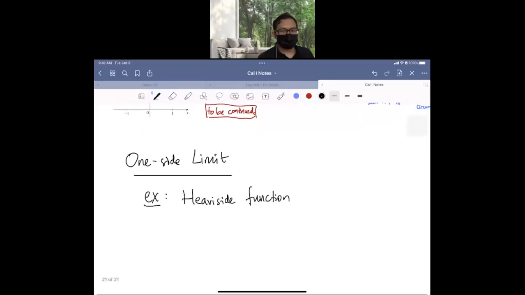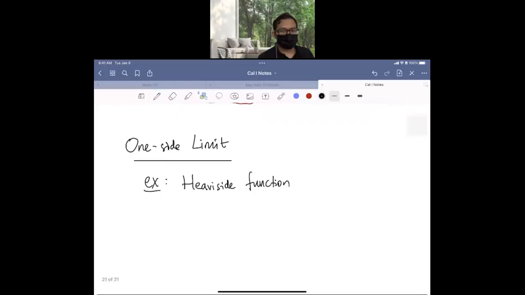How the function looks is, you will have a line here and an open circle here, and a closed circle. This is 1, this is y, x, and this is 0.